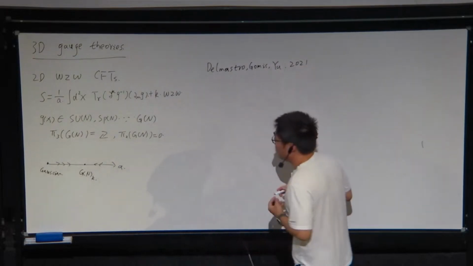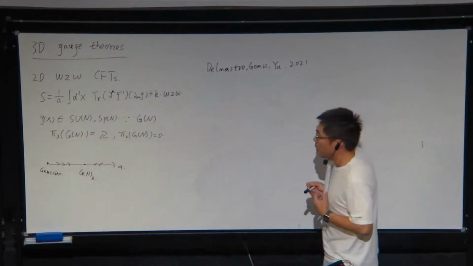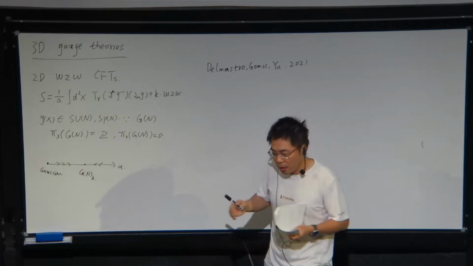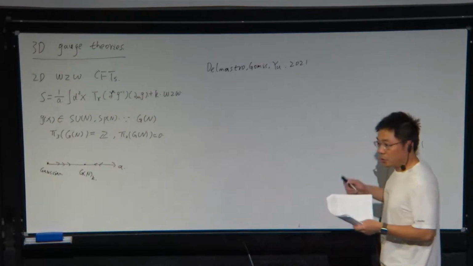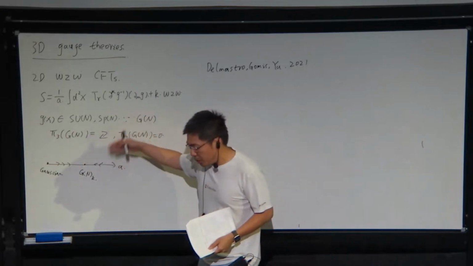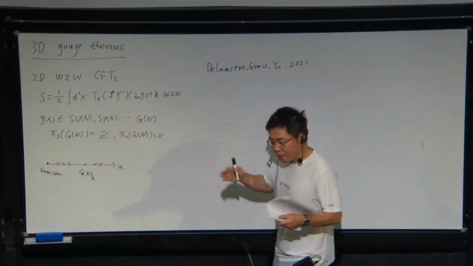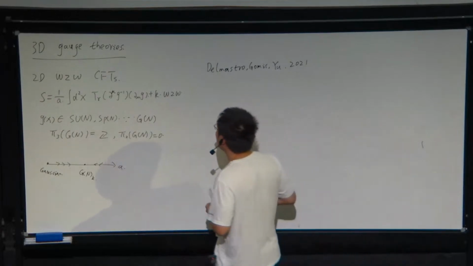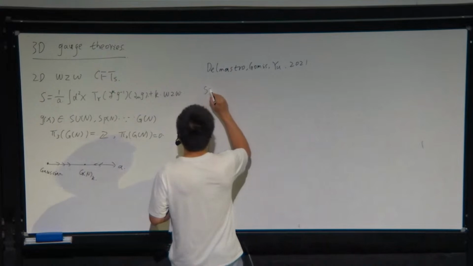The story is that for those Wess-Zumino-Witten theories we are familiar with, indeed they have gauge theory descriptions. That's really just critical gauge theories, with Dirac fermions coupled with a gauge field. In particular, you can write down a dictionary.